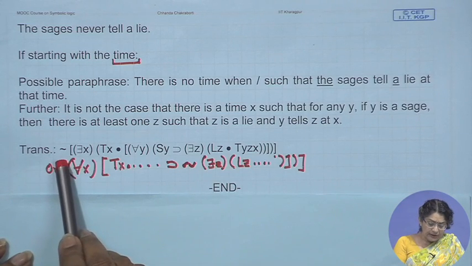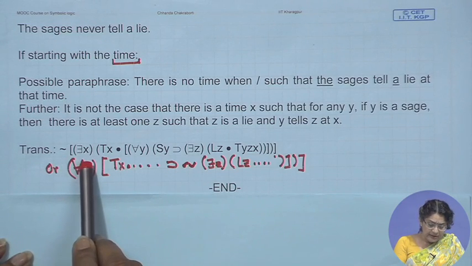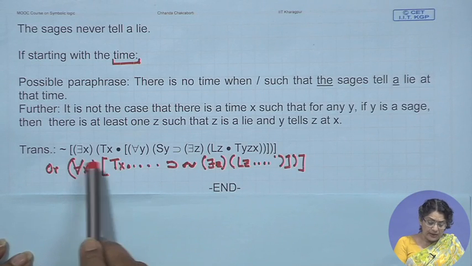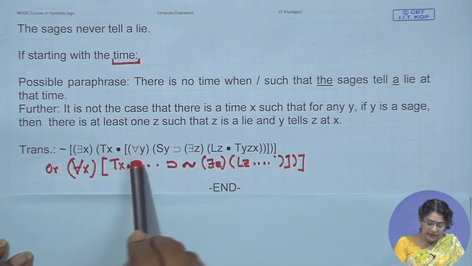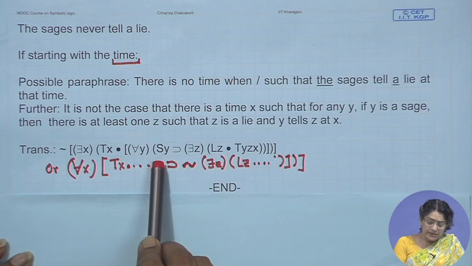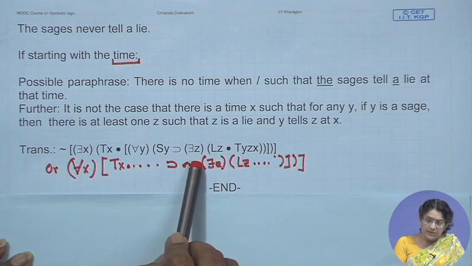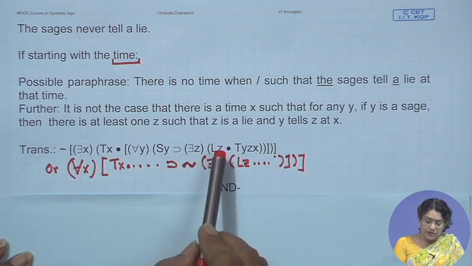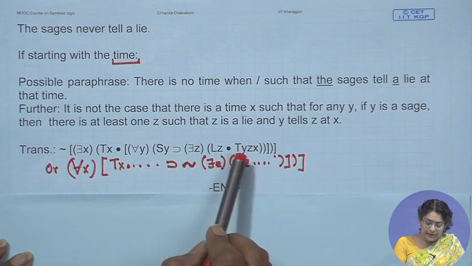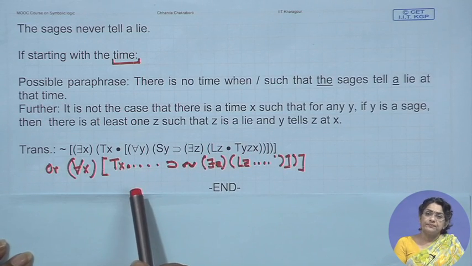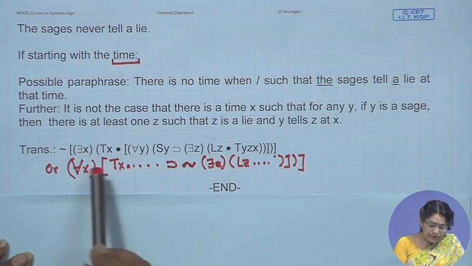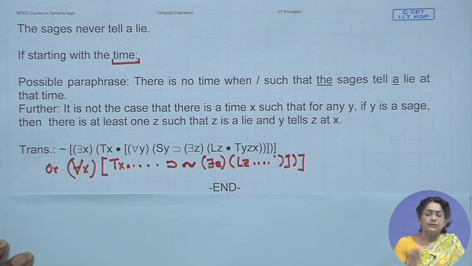It is not the case that there exists at least one x such that x is a time, and for all y, if y is a sage, then there is at least one z which is a lie and y tells z at x. The whole thing changed. Why? Because we started with time.